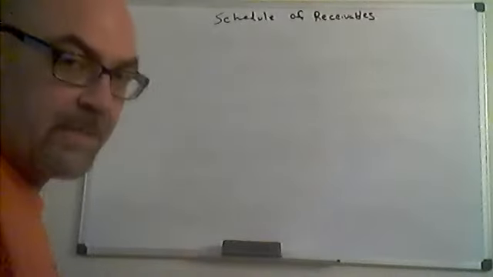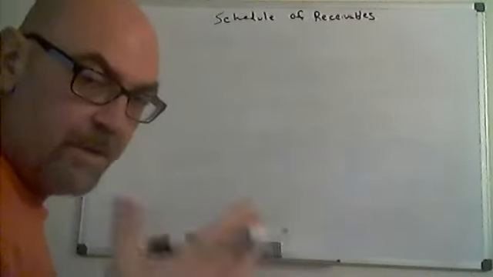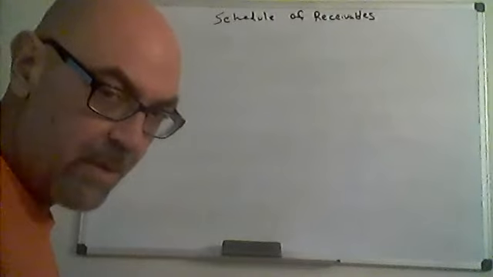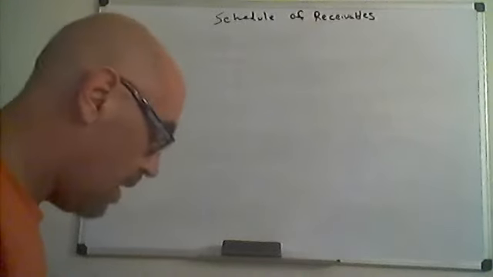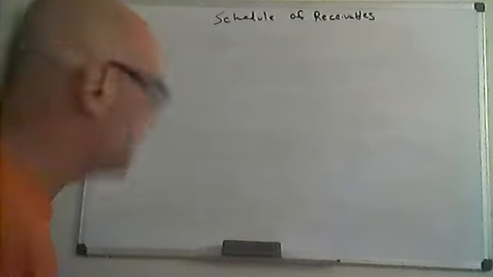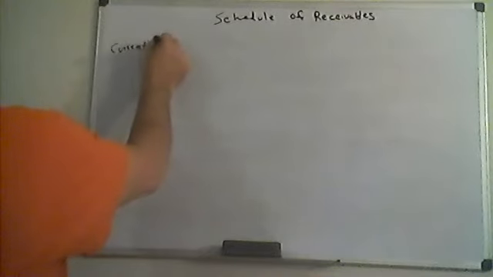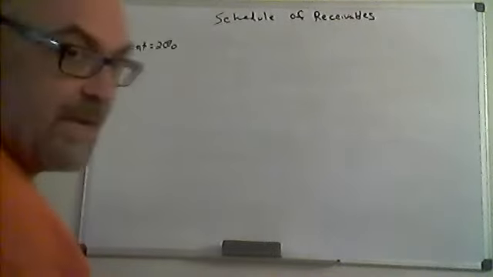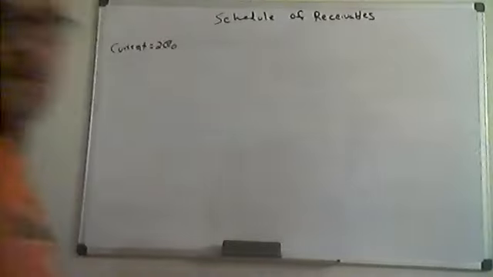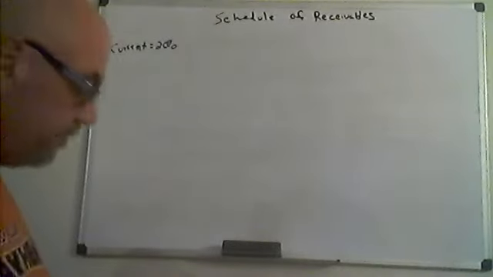All right, we're going to do a schedule of receivables now in order to determine how much cash we are going to collect from our receivables. We were given some information for this. When we have accounts receivable, we expect to collect 20% of the receivables in the first month.